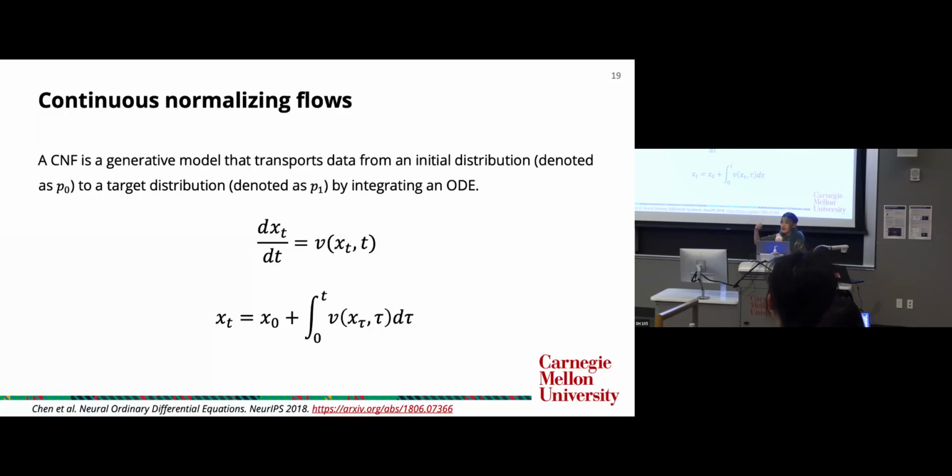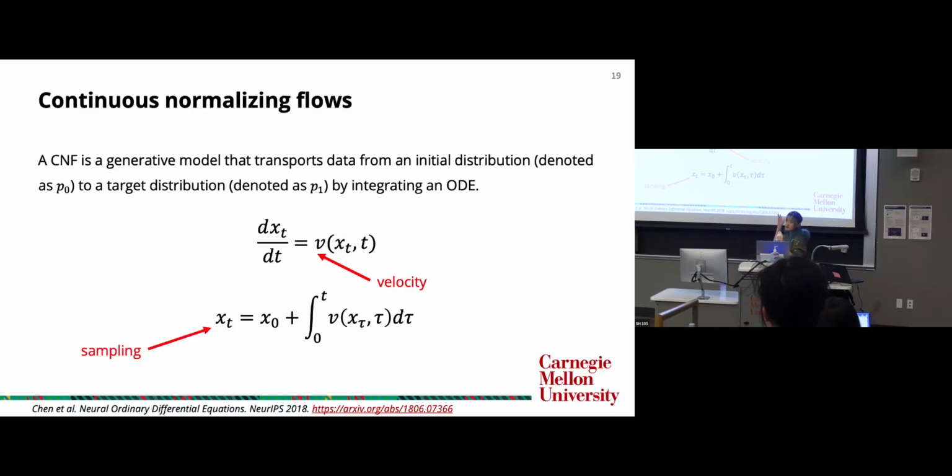It formulates a generative model that transforms samples from an initial distribution, such as a Gaussian, to a target distribution, such as the image distribution that we want, by integrating through an ODE. This ODE is literally just that the infinitesimal change of your data should follow the velocity.